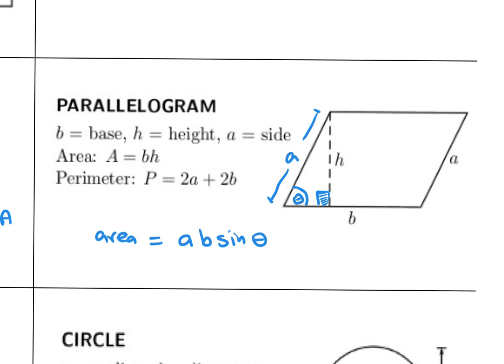Or base times height. So base times height, or side times side sine the included angle. This is how to find the area of a parallelogram.